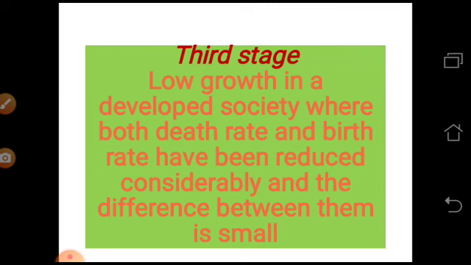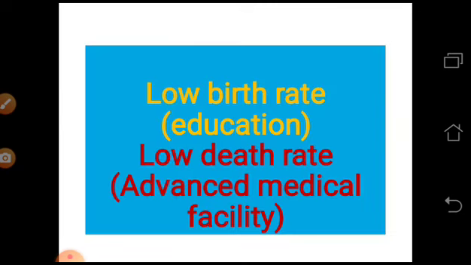So because of the technological advancement, the birth rate has come down. How have they brought down the birth rate? Through education. All the people are educated, literate.